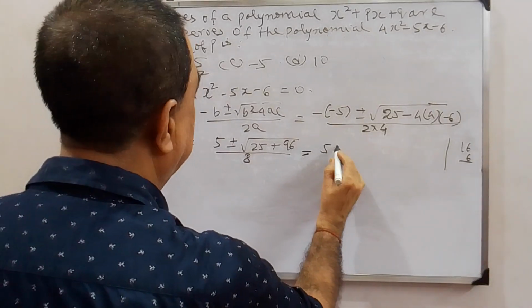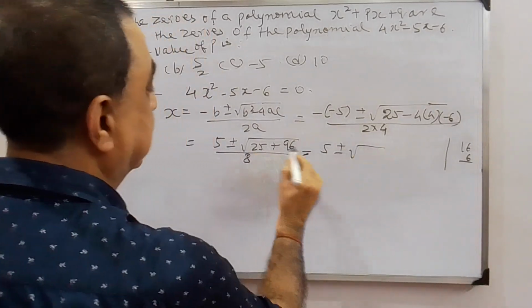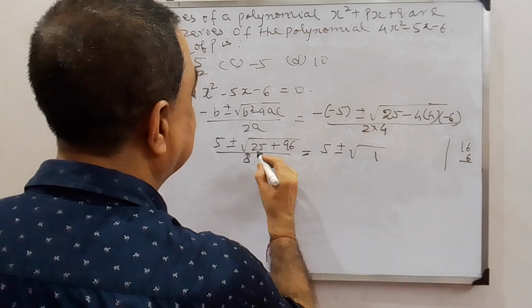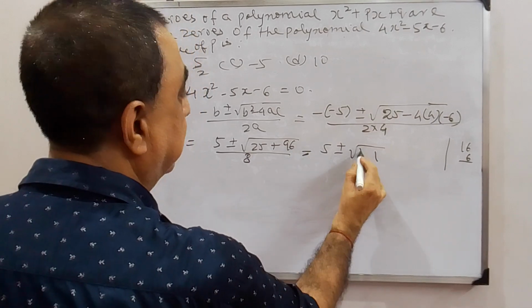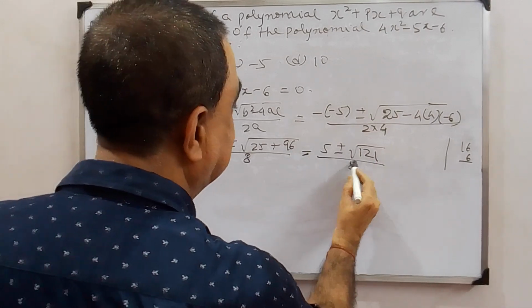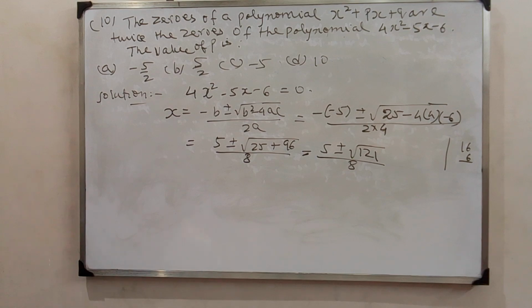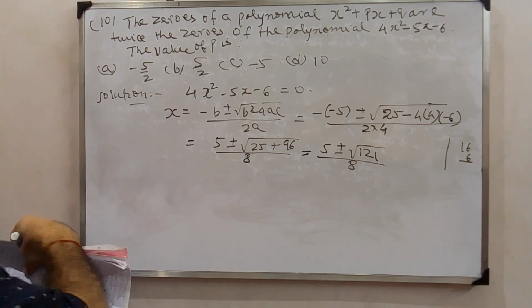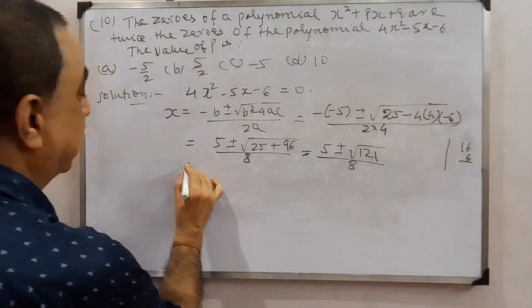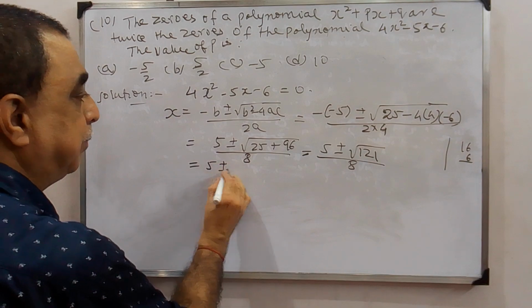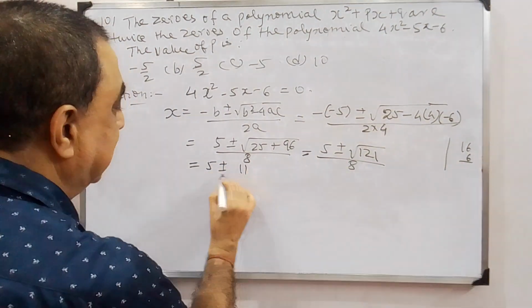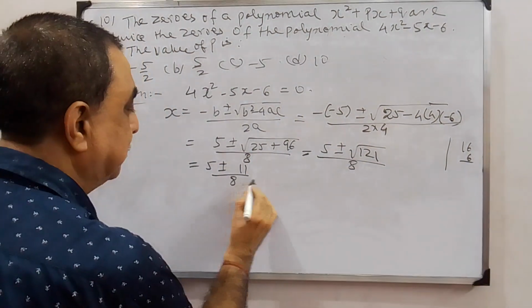Now solve it: 121 whole divided by 8. So what are the roots of this polynomial? This becomes 5 plus minus 11, divided by 8.